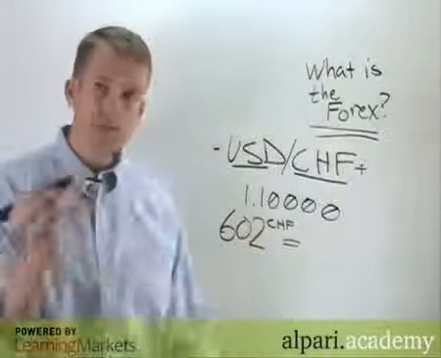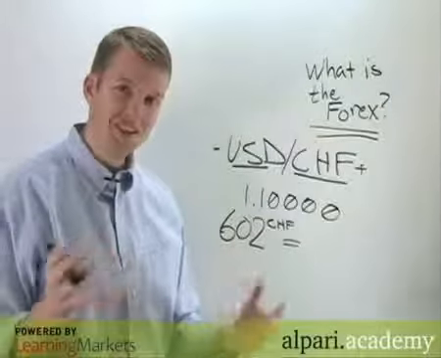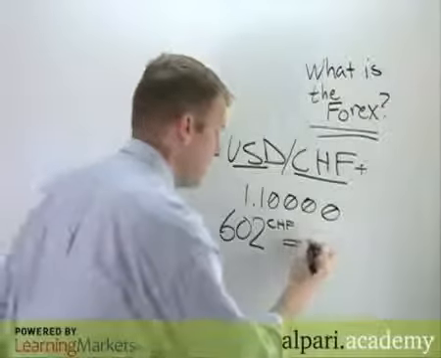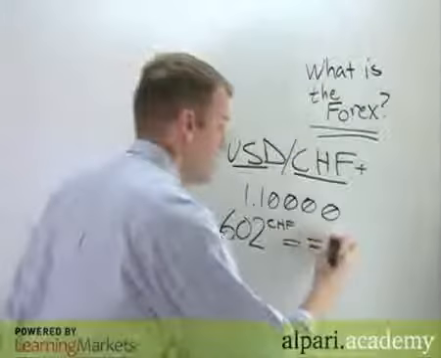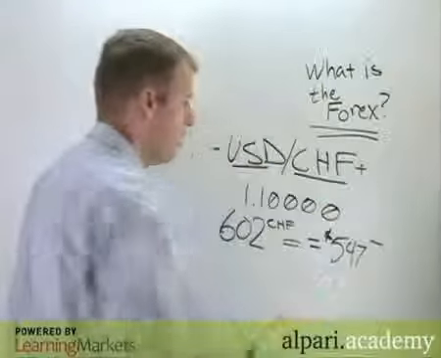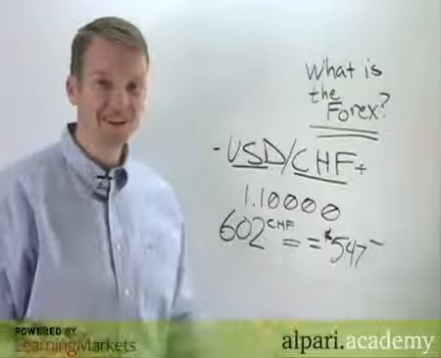And now you might think, well, we live in the US, that must be a bad thing for us. Well, not necessarily, and this is something that's hard to wrap your head around when you first learn it. If we convert these 602 francs at our new exchange rate, we get back $547. Now, that means that we just made a profit on our vacation of 10%, at least on our spending money.